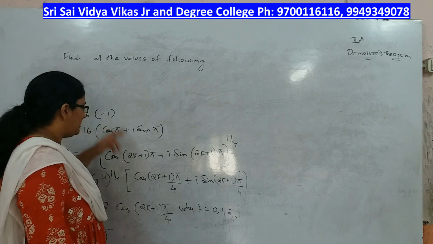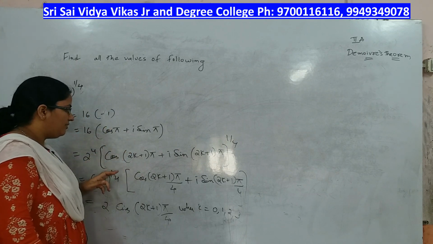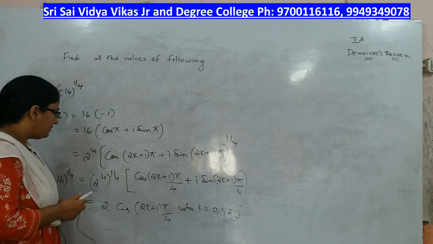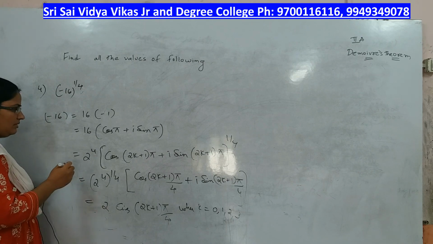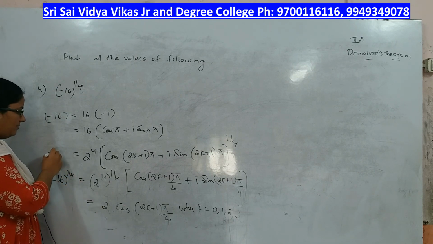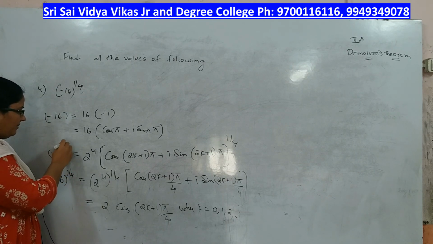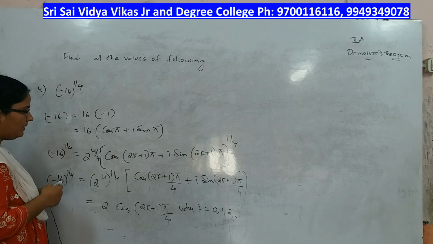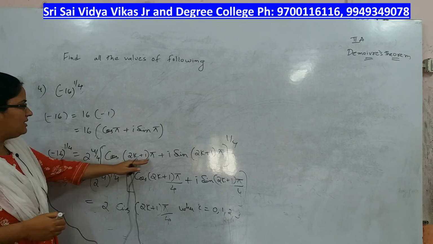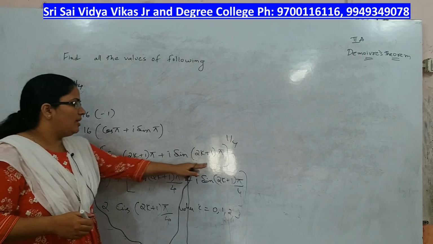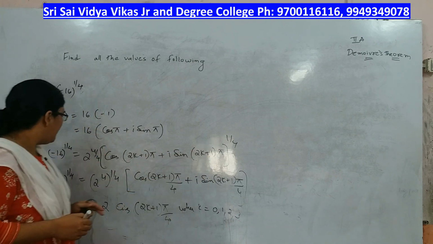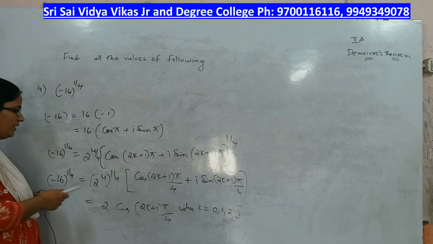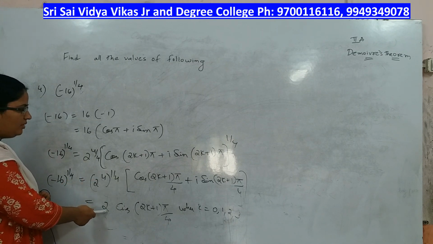Take 1 by 4 this side. So you have, if you take 1 by 4, (-16) whole power 1 by 4. So here you will have 2 power 4 into 1 by 4, (cos (2k + 1)π + i sin (2k + 1)π) into 1 by 4. So here 4 and 4 get cancelled, you have 2 here.